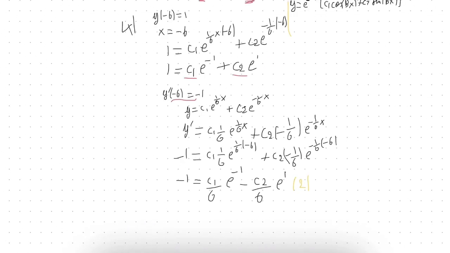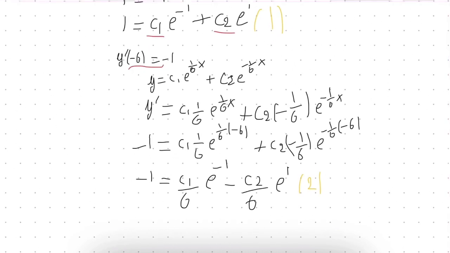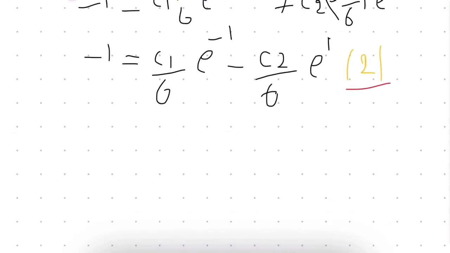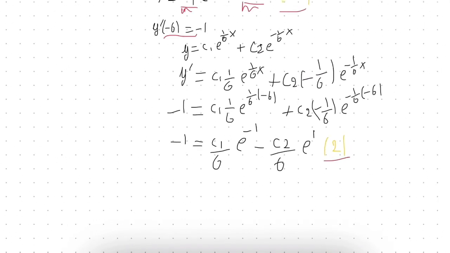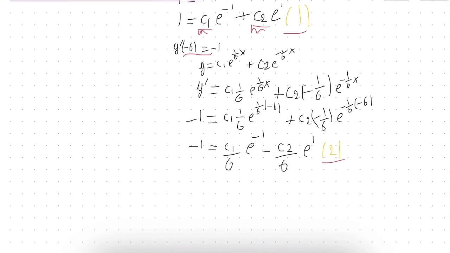Second and first. So as you see, you have two unknowns, C1, C2. Since you have two unknowns, you're going to have to find two equations, which you did. We did 1 and 2. Now that we have our two equations, we're going to have to put them next to each other to be able to solve a type of system.